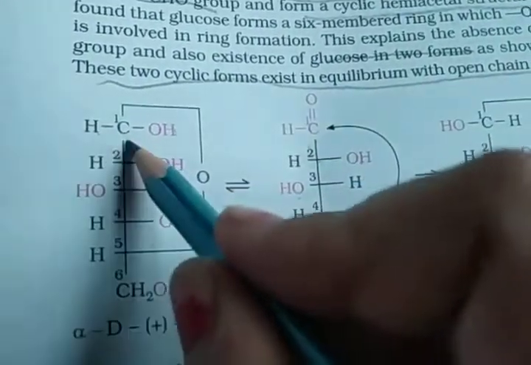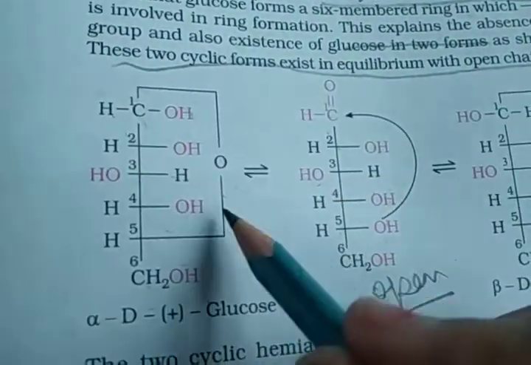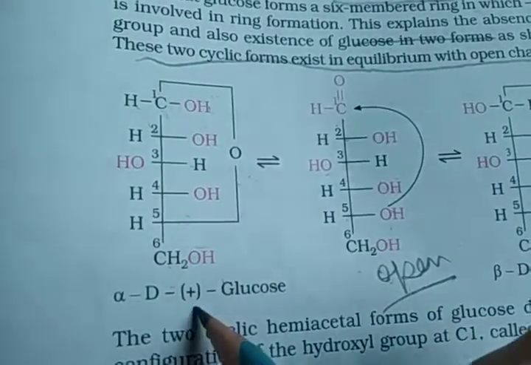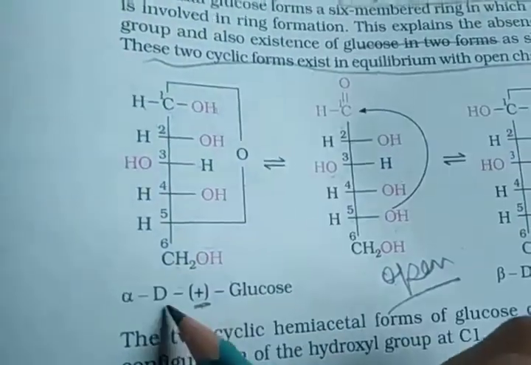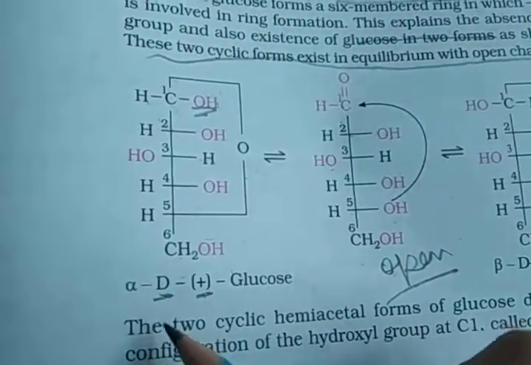So this oxygen binds both. When the OH is attached on the right hand side, the name is D, and it is the alpha form.